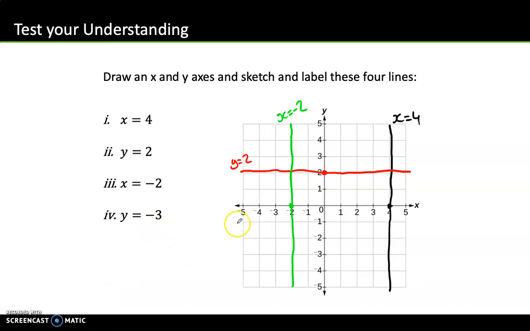And then the last one, y equals -3, so it's going to be a horizontal line starting at -3. Again, please make sure you're using a ruler or the side of a copy when you're drawing straight lines.